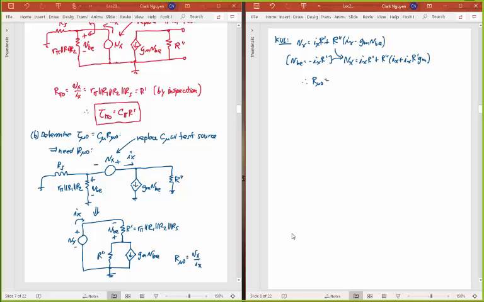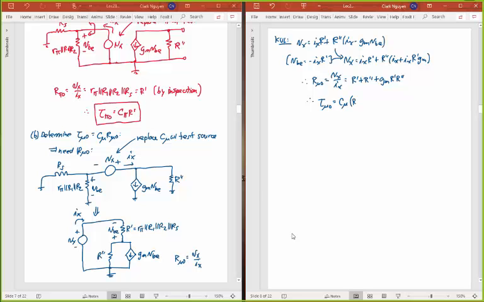R mu naught is going to be equal to Vx over Ix, which, doing this rearrangement, is just going to be R prime plus R double prime plus GM times R prime R double prime, which tells me then that the time constant associated with C mu, that capacitance, is just going to be equal to C mu times that resistance.